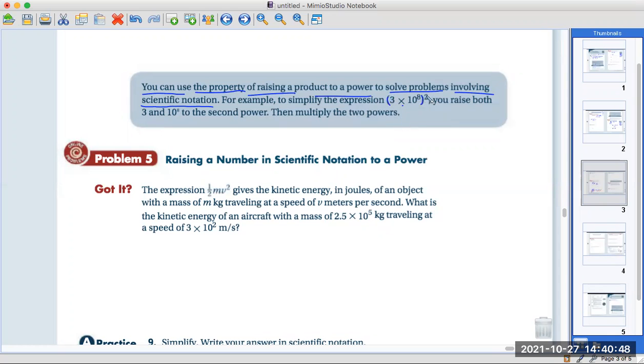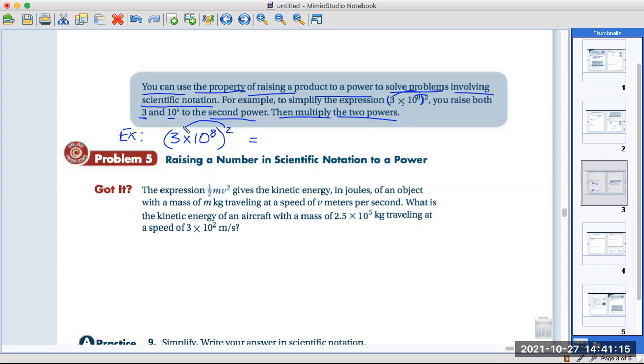You need to multiply the exponent, but you need to also shower your power. You raise both 3 and 10 to the 8 to the 2nd power. Then multiply the 2 powers. Let's try that. So I have 3 times 10 to the power of 8, all of that raised to the 2nd power.